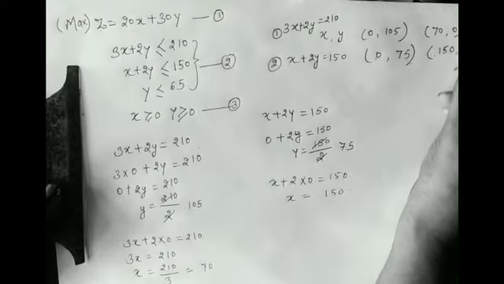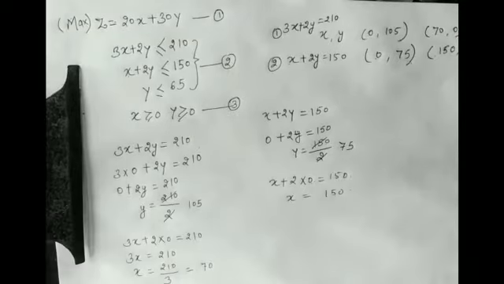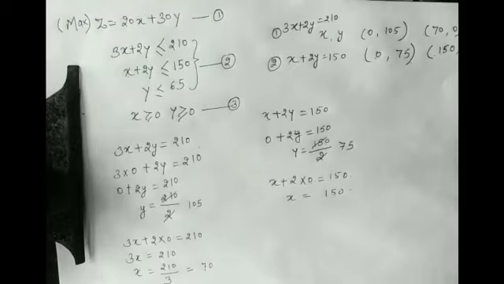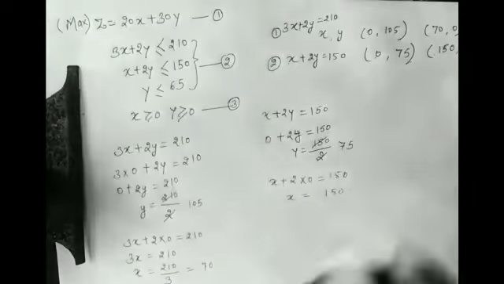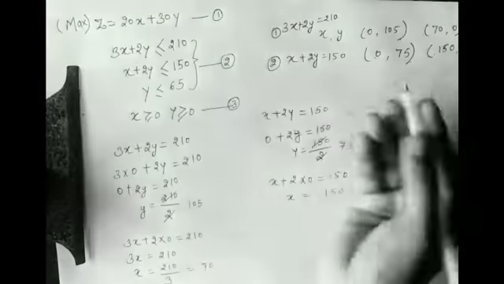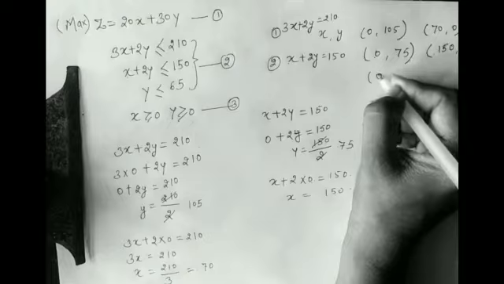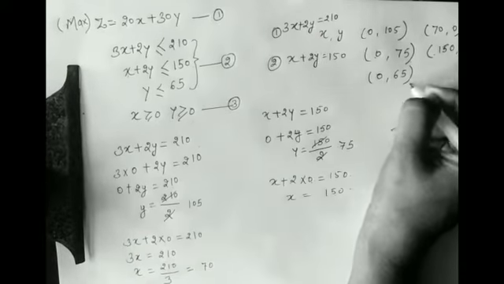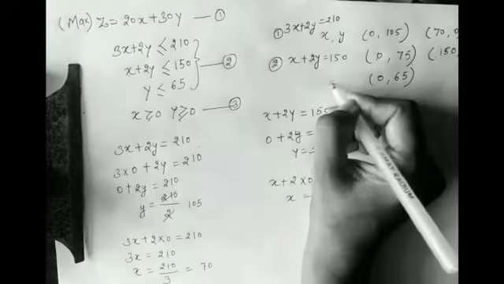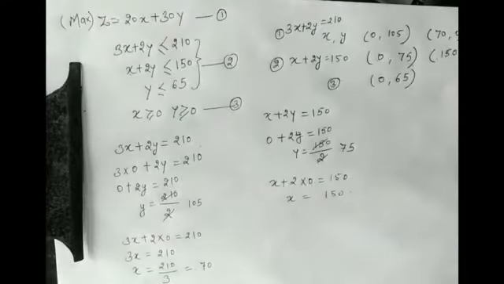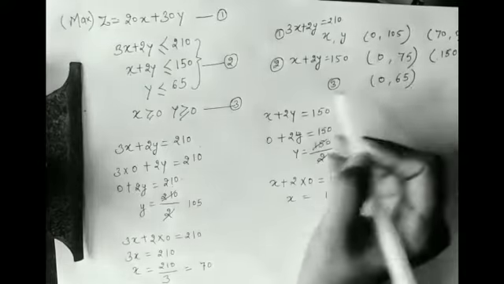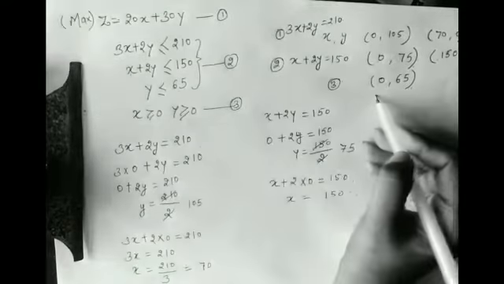Now let's come to the third equation. Here x is 0 and y is 65. This is our third constraint. So for solving this, we have to draw all three lines on graph paper.